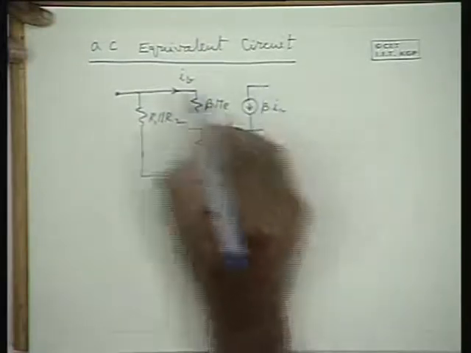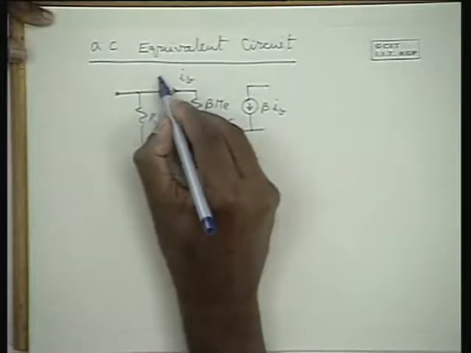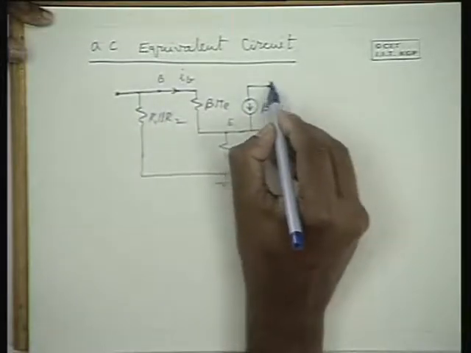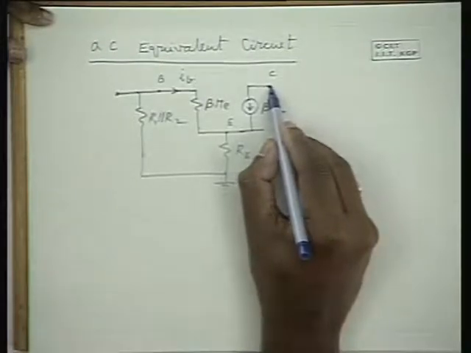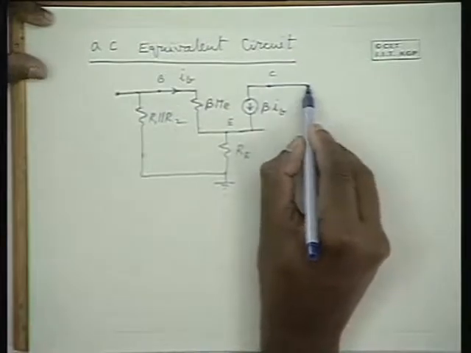And this is the collector point, this is the base, this is the collector point. Between the collector point and the ground, or VCC to ground, we have RC.